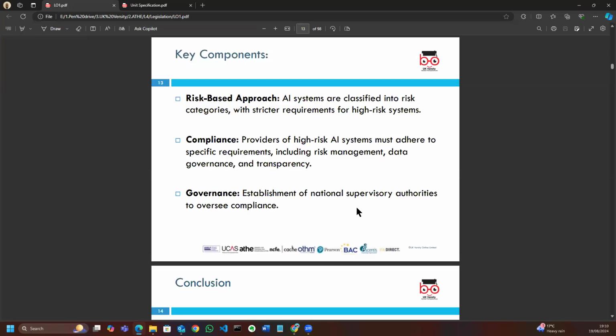What are the key components? We have a risk-based approach, where AI systems are classified into risk categories. We have compliance, where providers of high-risk AI systems must adhere to specific requirements, including risk management and data governance. And governance, where national supervisory authorities are established to oversee compliance.